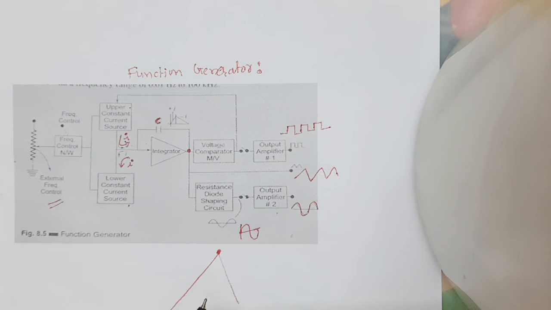Now from the figure, the frequency is normally controlled by varying the capacitor in the LC or RC circuit. In this instrument, the frequency is controlled by varying the magnitude of the current which drives the integrator.